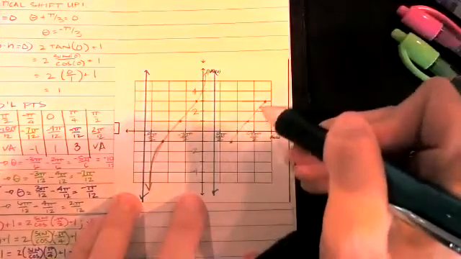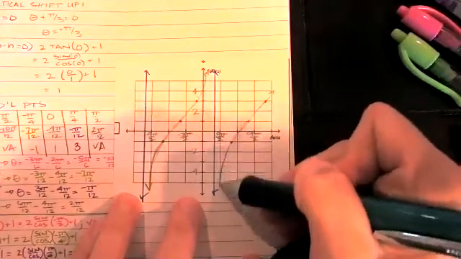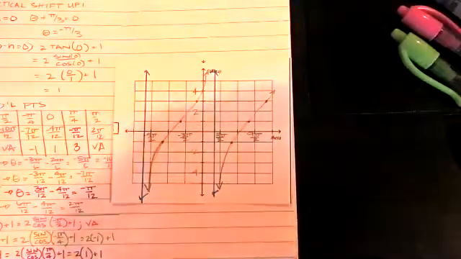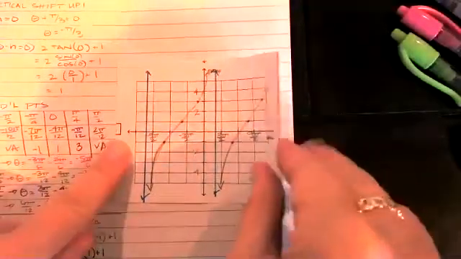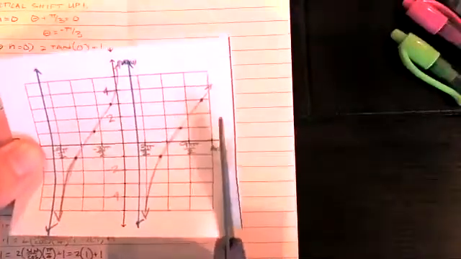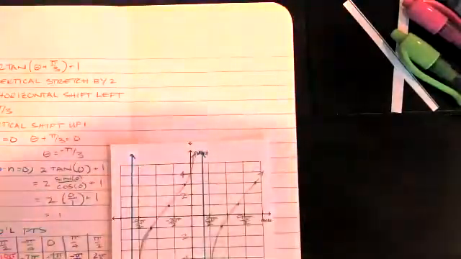So again, this goes off, and this will approach the asymptote from the right. So there's our graph. So questions about that one? Okay, no questions. Let's talk about the domain and the range, because I know those are still kind of sketchy, and then that'll pretty much be the ball game.